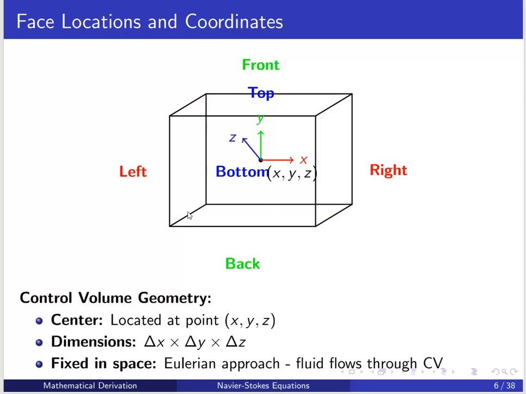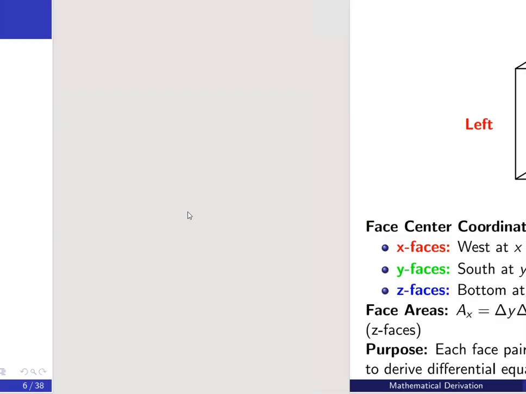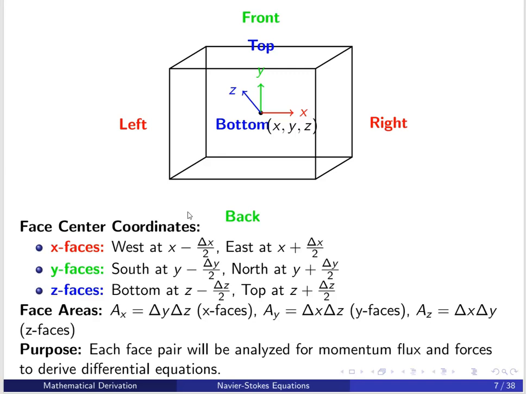Now face location and coordinates. The control volume geometry is centered at point x, y and z, with dimensions del x into del y into del z, giving del V, and fixed in space means the Eulerian approach is followed, meaning fluid flows through the control volume. Now the face center coordinates. Here this is the x, y, z coordinate.